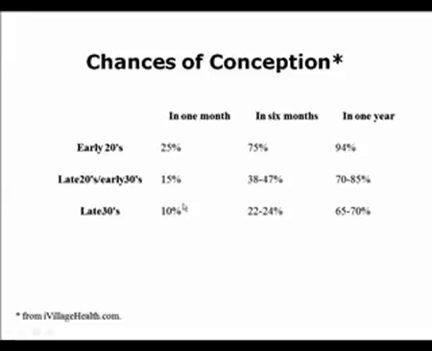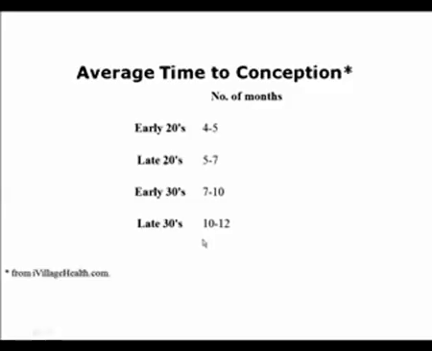By the time the woman reaches the late 30s, only 10% can get pregnant within the first month, and 65 to 70% are going to take longer than a year. So the average time to conception increases as the woman gets older.